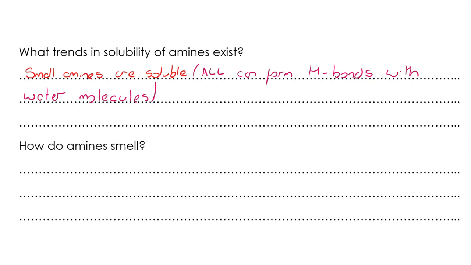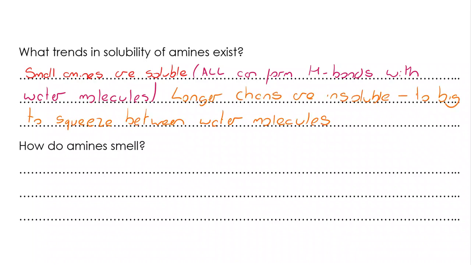That makes them very soluble. The problem is, as the carbon chain gets longer, it gets harder for those to squeeze between the water molecules, which is essentially what happens when we dissolve them. So anything above a chain size of 6 carbons would be insoluble.